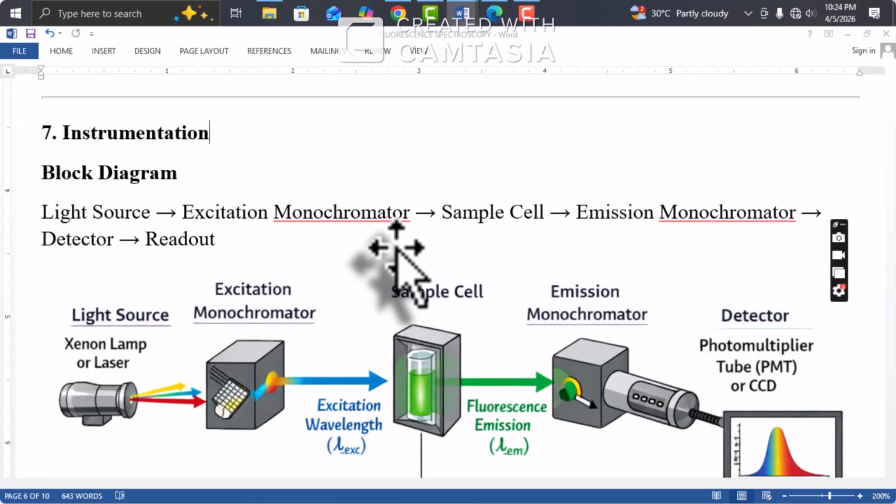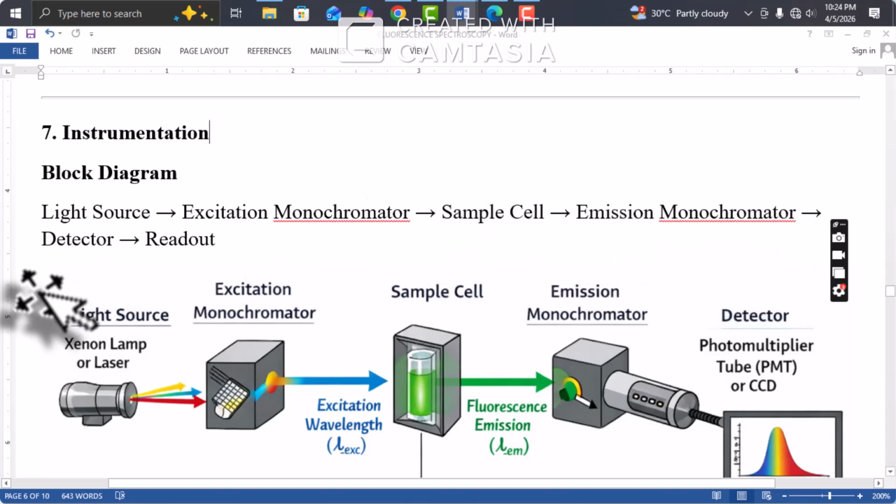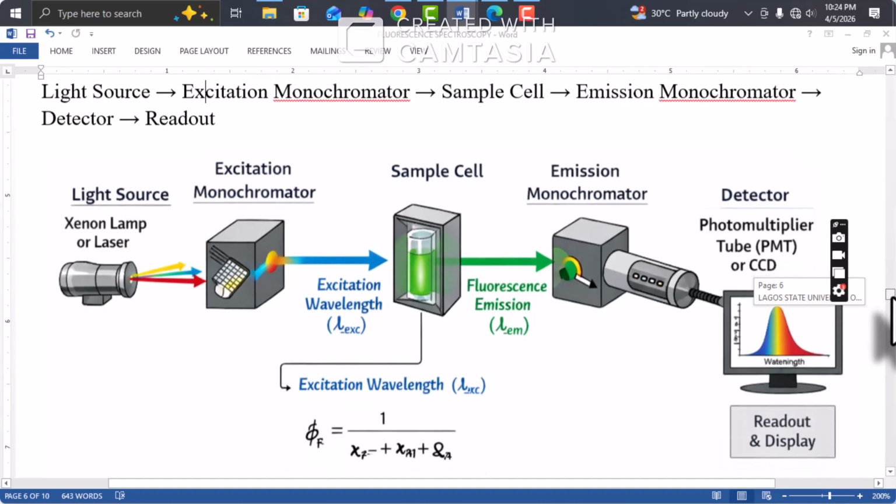So there you have the block diagram: light source, excitation monochromator, sample cell, emission monochromator, detector, and readout. Just below you have the schematic diagram.